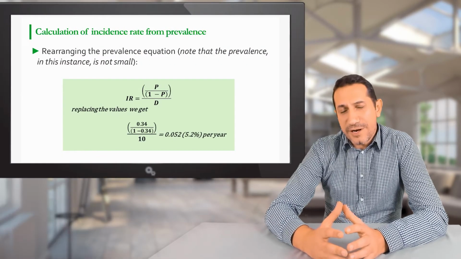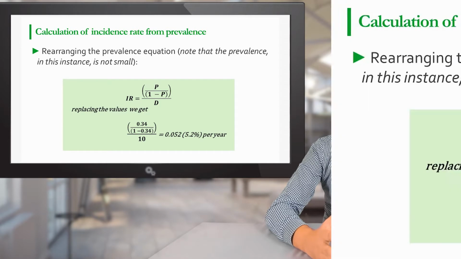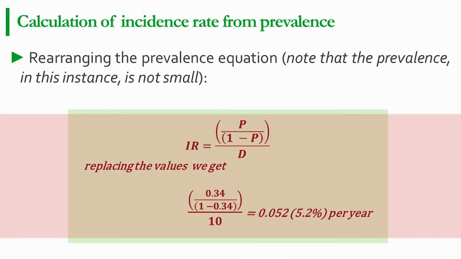And if we rearrange the formula, we would see that the incidence rate is the proportion of humans in this case with the disease over the proportion without the disease, all over the average duration of the disease.